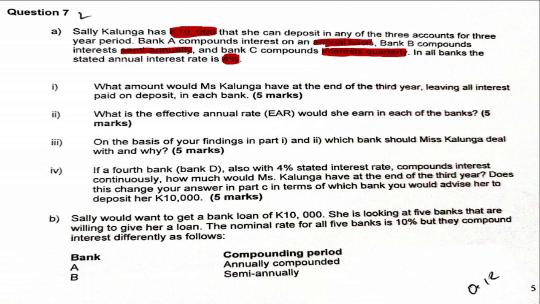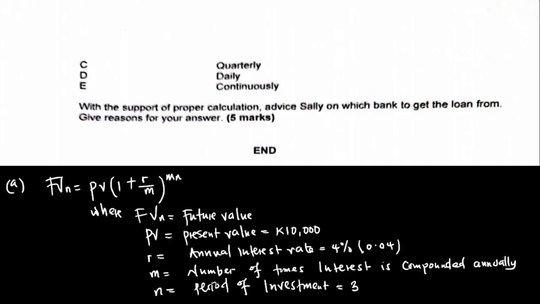Meaning bank A, bank B, and bank C. So we need to find the effective annual rate.